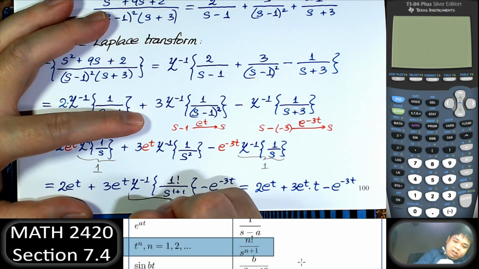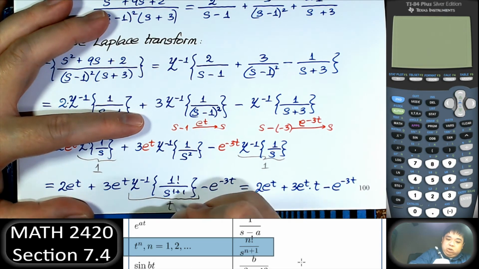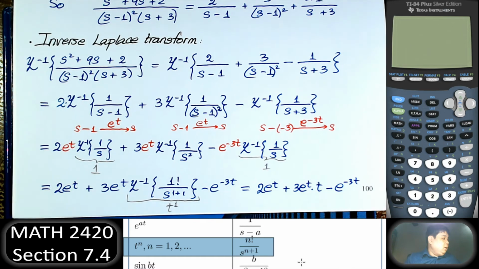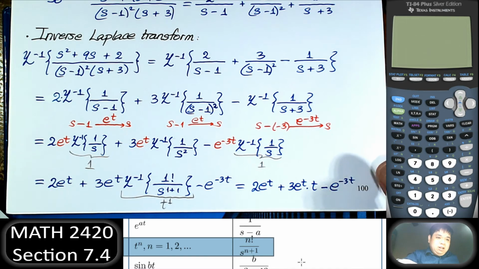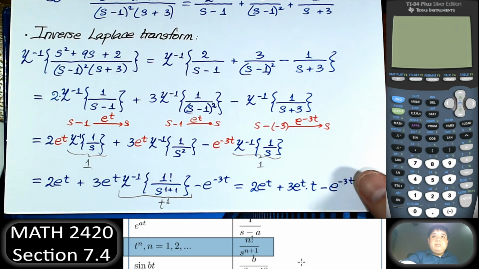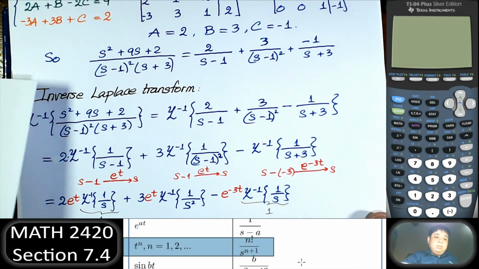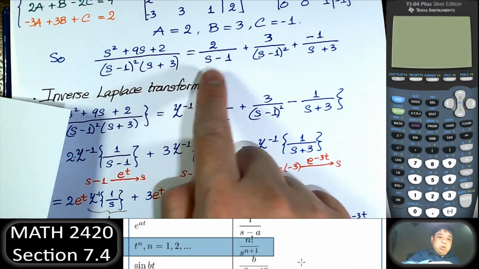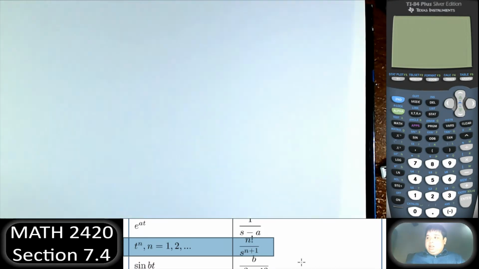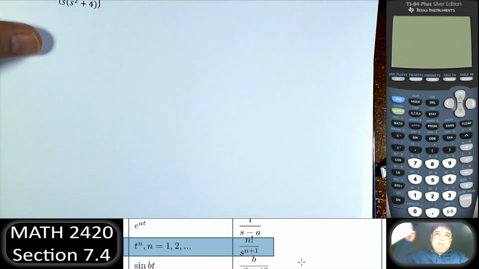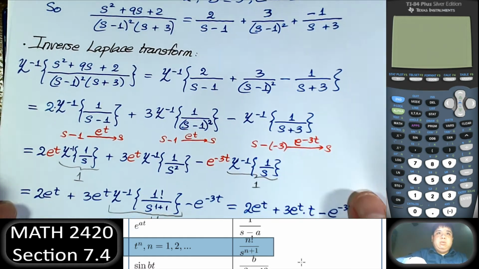Yeah, so this inverse transform is a t to the first power. Right, so we do the partial fraction, and after that, for the coefficients, once we split that into little fractions, we can apply the inverse Laplace transform to it. So that's simple enough.